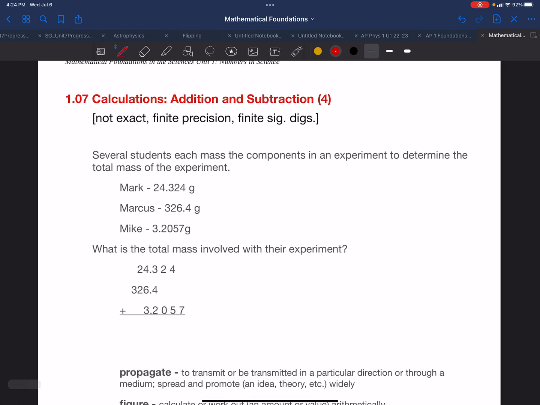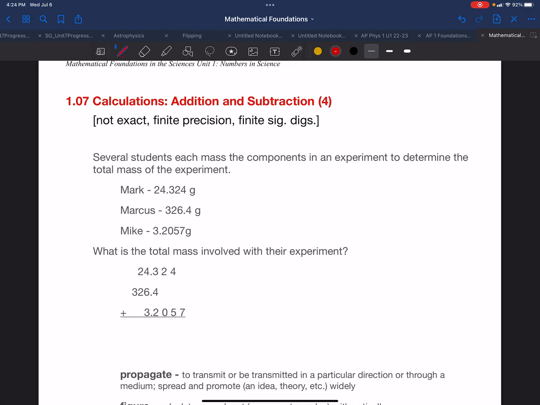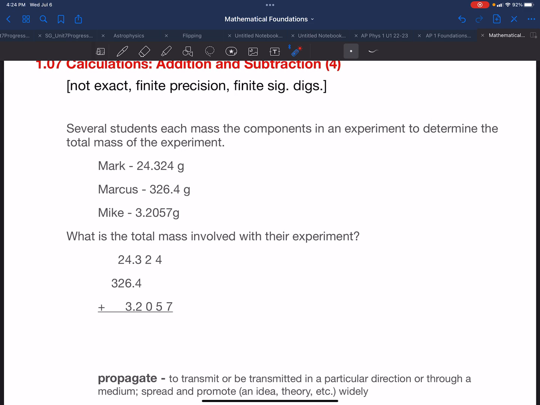So, calculations, like the measurements from which they come, are not exact. They have finite precision, a finite number of significant digits, and as scientists, we need to know how to determine what that number of significant digits is. So let's consider an example. We have several students, some of my buddies from when I was in college taking chemistry: Mark, Marcus, and Mike, the 3 M's.